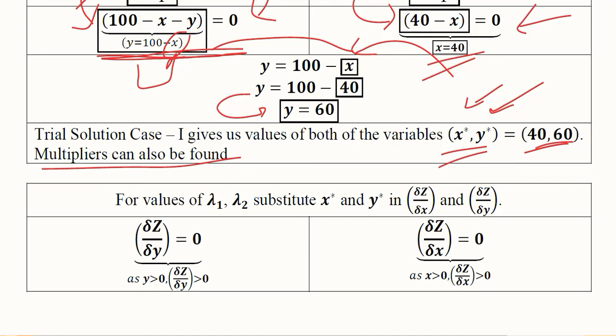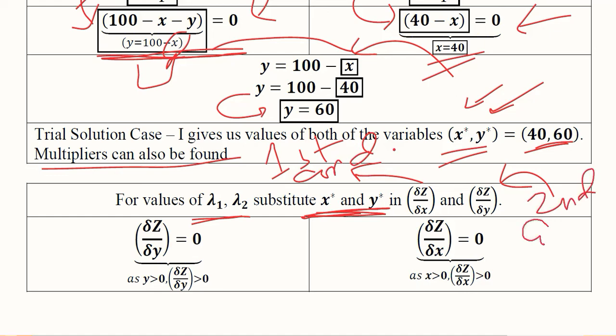So we should solve for them as well by using the values of x star and y star, and they will be substituted in the other 2 conditions. This was the first condition out of the 4, and this was the second condition out of the 4. Furthermore, these derivatives now are equated to 0.